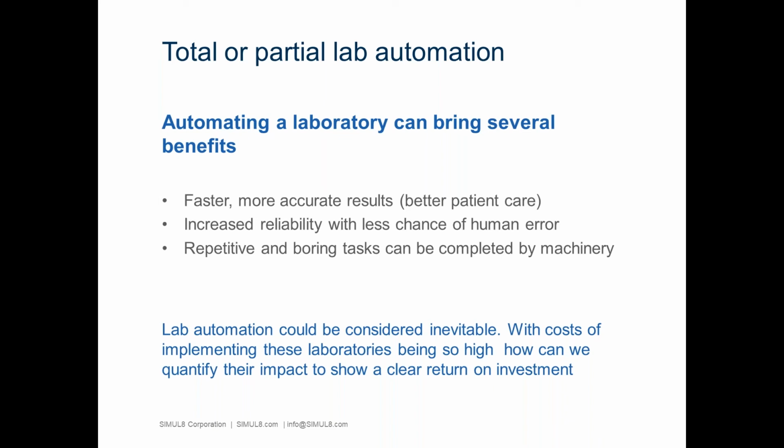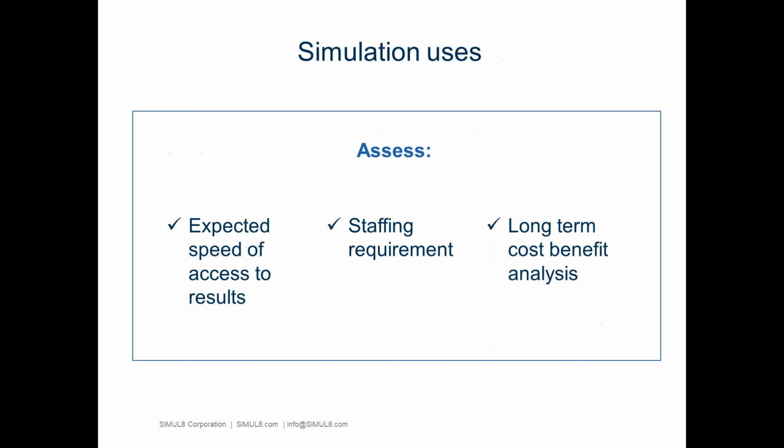You can take this further and look at total or at least partial lab automation as well. We know that probably in the future, a lot of labs are going to be largely automated as technology gets better. There's going to be more and more pressure to move to this total or partial lab automation system.